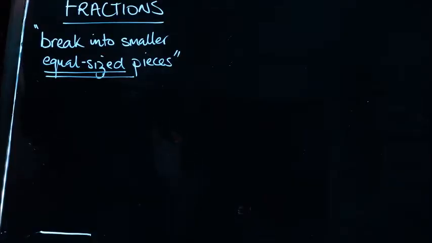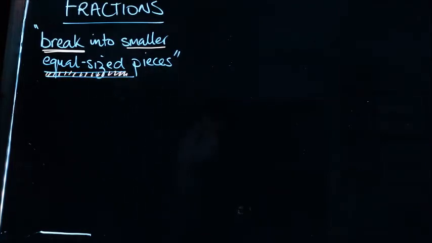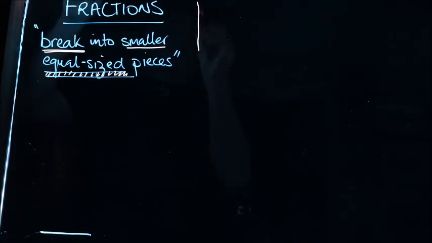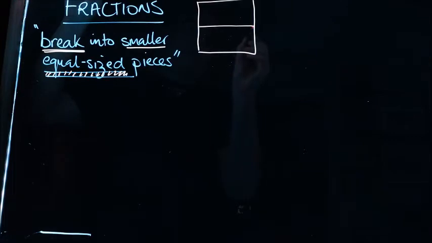Now we're doing this work on fractions, and we have to understand what this word fraction means. It means break into smaller equal sized pieces. Okay? With the paper example, even though we just folded, we didn't cut, we could have cut along those folded lines if we wanted to.